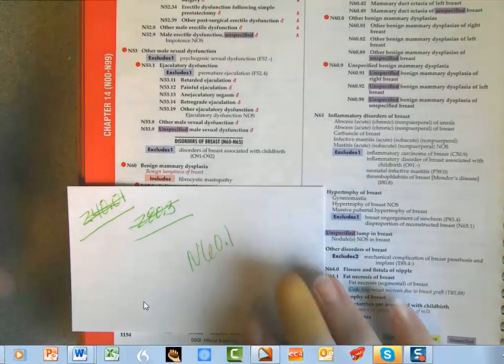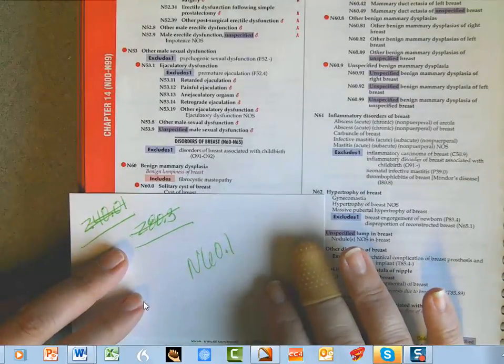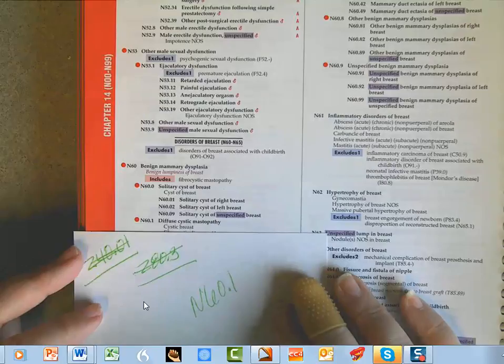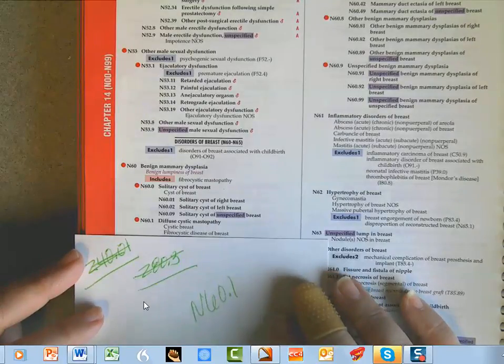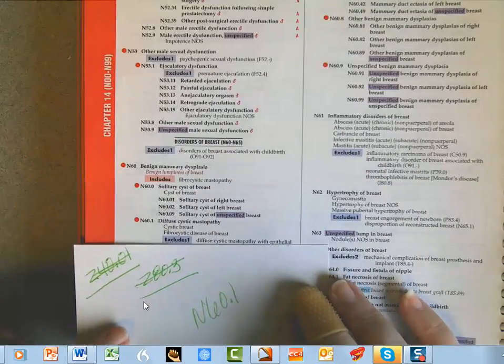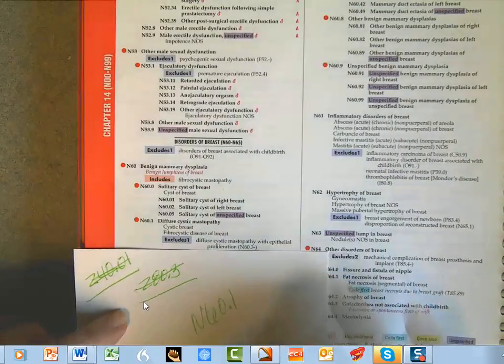It includes fibrocystic mastopathy, which is what we have. Okay. And we want to go to N60.1. N60.1, diffuse cystic mastopathy. Cystic breast, fibrocystic disease of the breast, which is exactly what we have. Fibrocystic disease of the breast. It excludes diffuse cystic mastopathy with epithelial proliferation, which we've already talked about.